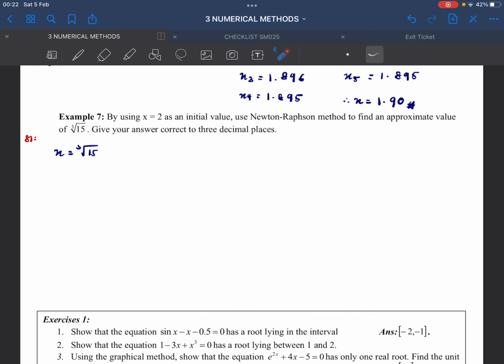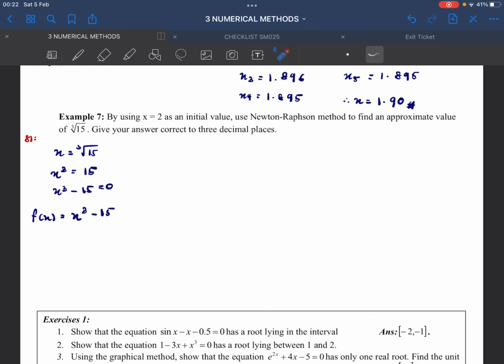So cube root, bring to the other side, it becomes x cube, equals to 15. Rearrange everything equals to 0. We have x cube minus 15 equals to 0. So that's going to be our fx. So our fx is equals to x cube minus 15.